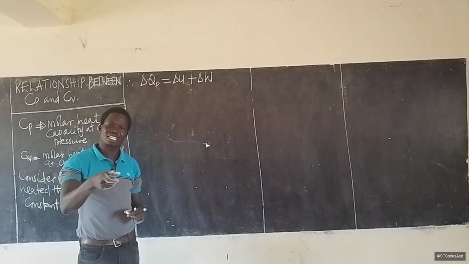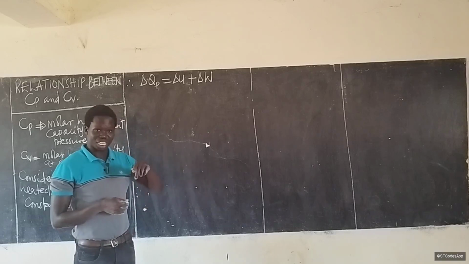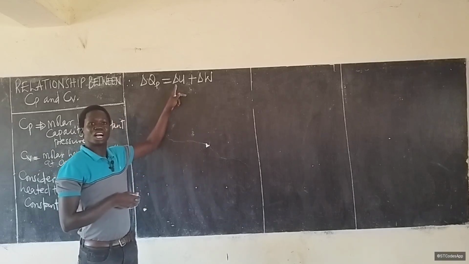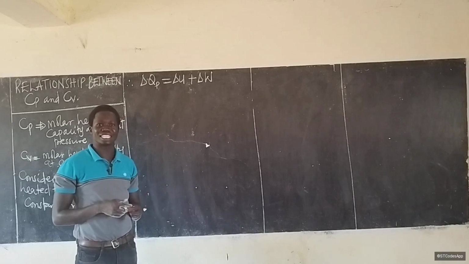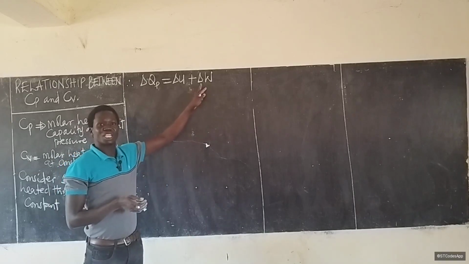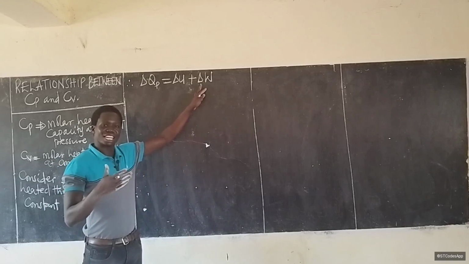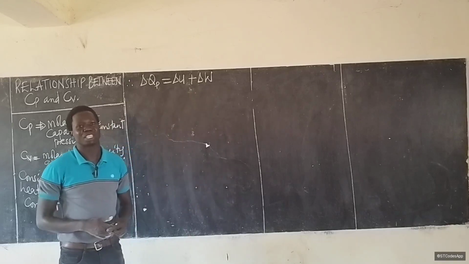The heat that is being supplied into the system of a gas does two things. One, it goes to increase its internal energy, that is both potential and kinetic. And secondly, it must do the external work, like expansion of the gas.